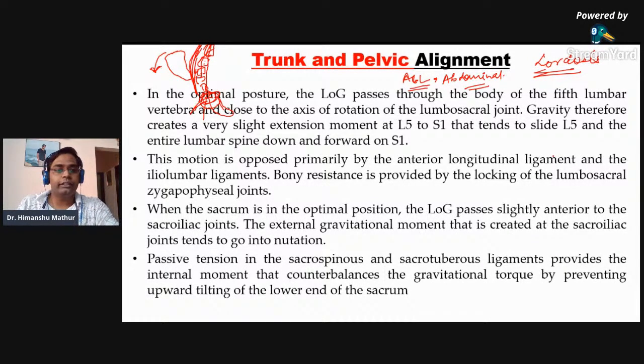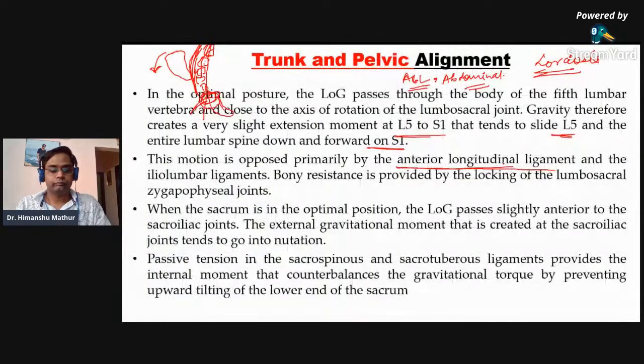The gravity therefore creates a very slight extension moment at L5S1 that tends to slide L5 and the entire lumbar spine down and forward onto S1, right? Now this motion is opposed primarily by the anterior longitudinal ligament, as I told you, because if this is the normal curvature of the spine, in this case all the anterior structures are going to stretch.